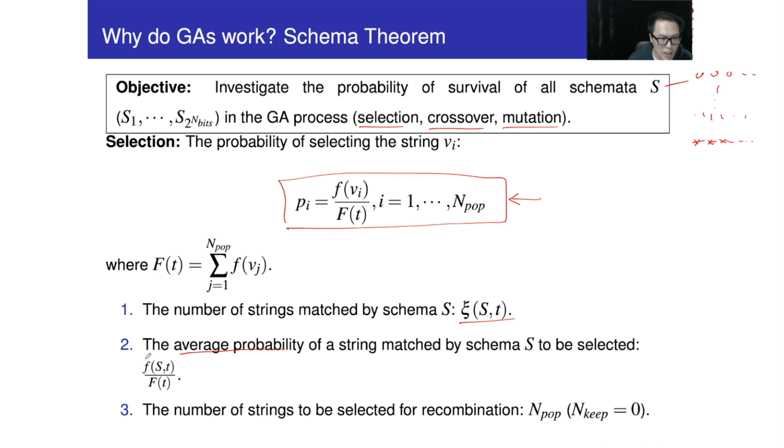Note that this lowercase fst is the average cost of a schema S at iteration t in the population, and this is the total cost. And the total number of strings to be reproduced as offspring is n pop, because we are going to replace the whole population.